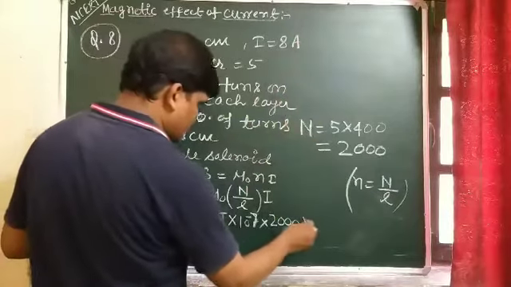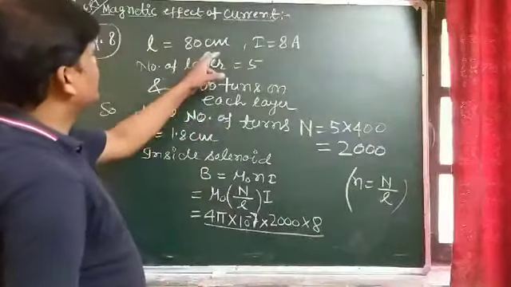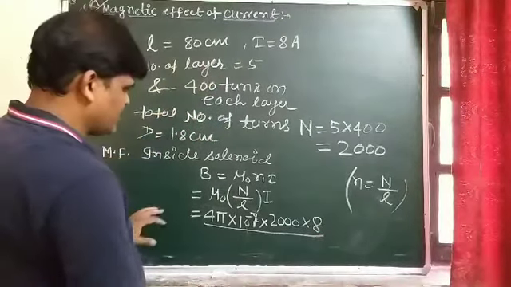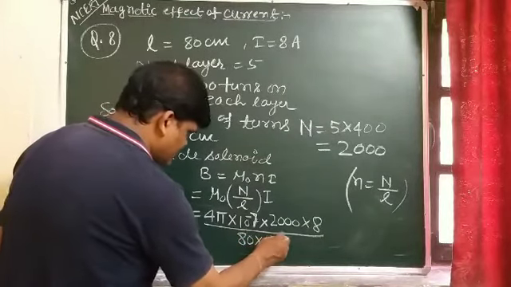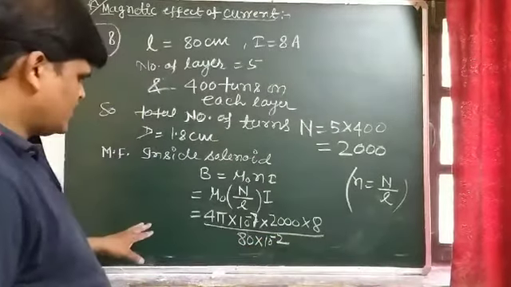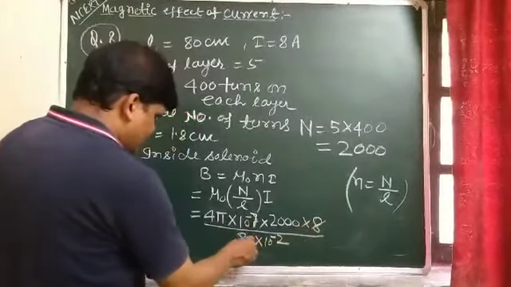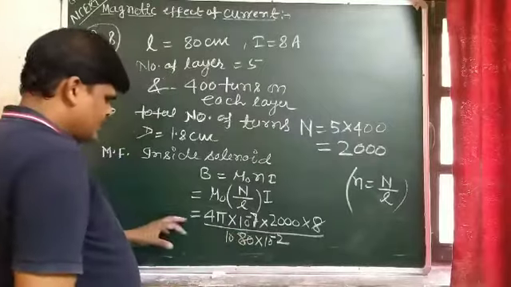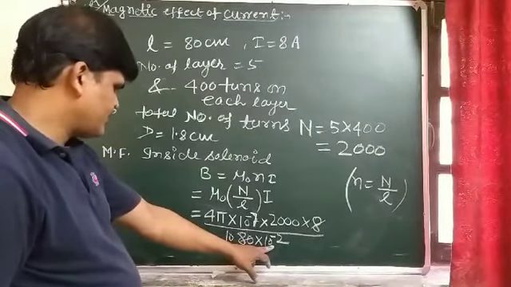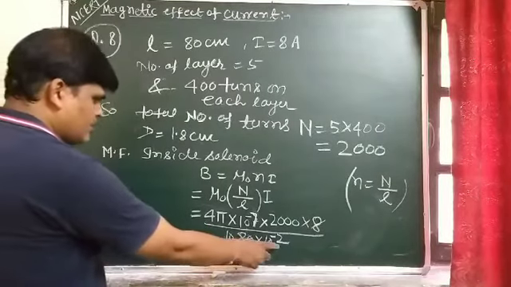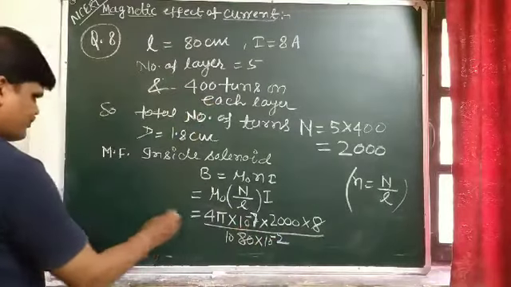Divided by the length, 80 centimeter, which can be written as 80 into 10 to the power minus 2. Clear? So 8 tens are, that is 10, and 10 to the power minus 1, and when this 10 to the power comes here, it is written as follows.